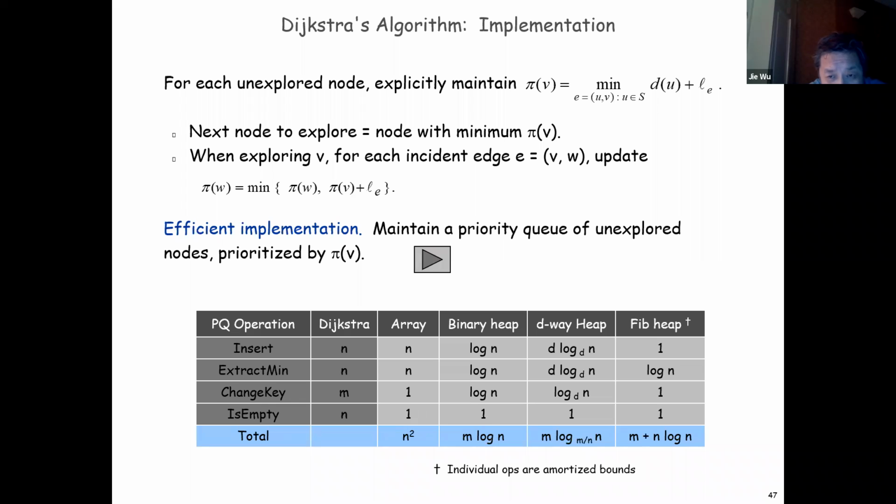Extract minimum, usually it's a heap. You take out the minimum one. Why do you need to take out the minimum? Because in each iteration, you find one node with the minimum path. It will be included, changing color from gray to black. That means it will not be a candidate for the next round.